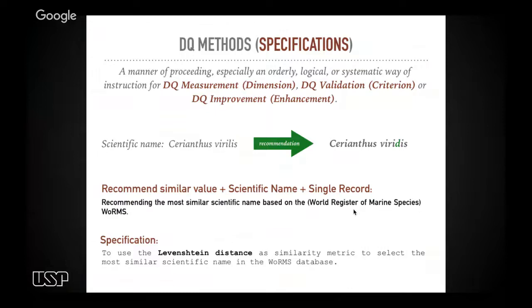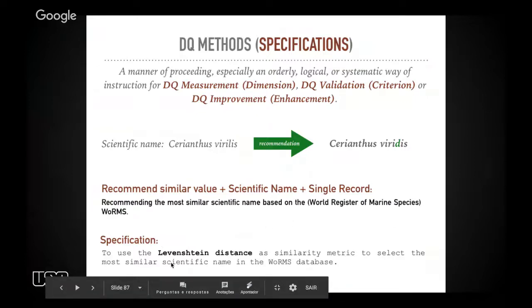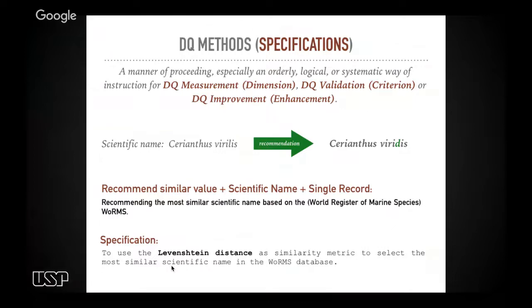So I could implement this requirement using this specification, this method, that says I will use the Levenshtein distance as similarity metric to select the most similar scientific name in the WoRMS database.